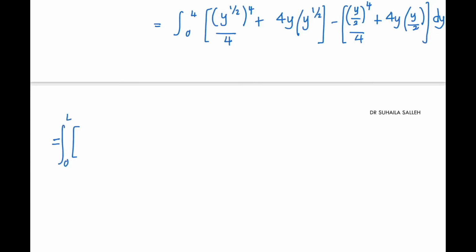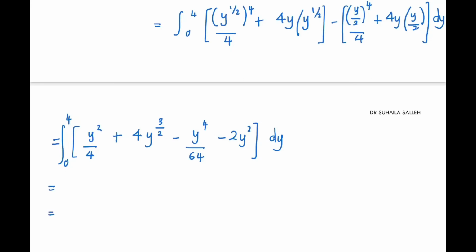Now between 0 and 4, simplifying the function inside there, that's going to be y squared over 4 plus 4y to the power of 3 over 2, take away y to the power of 4 over 64 minus 2y squared dy.